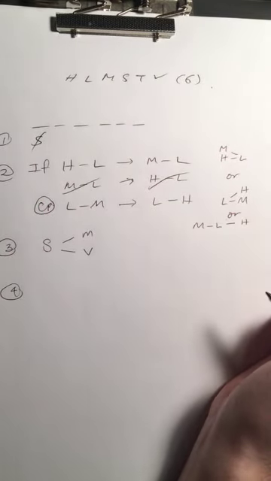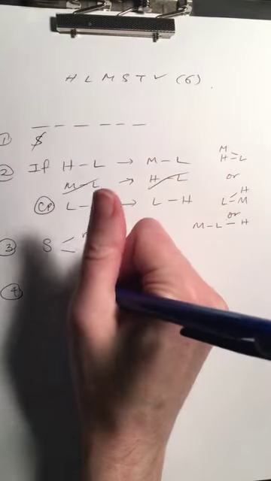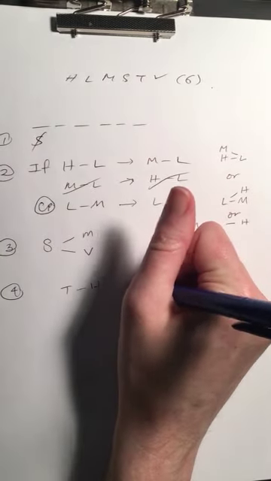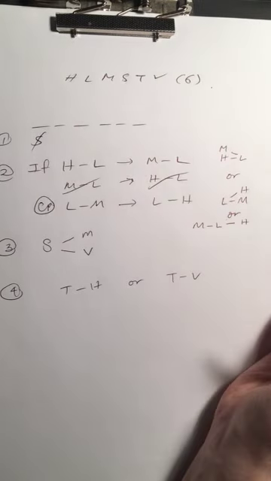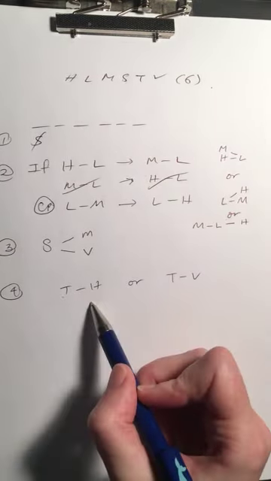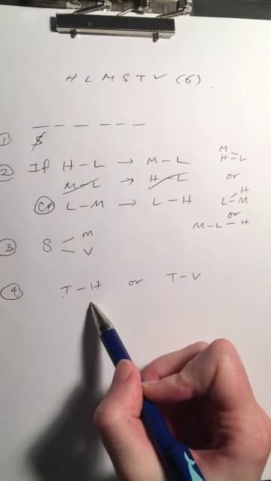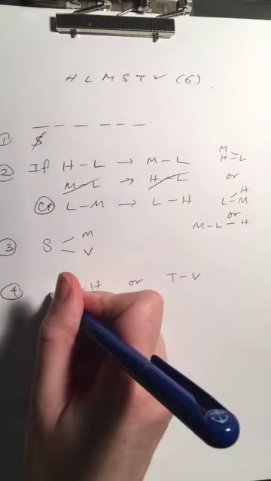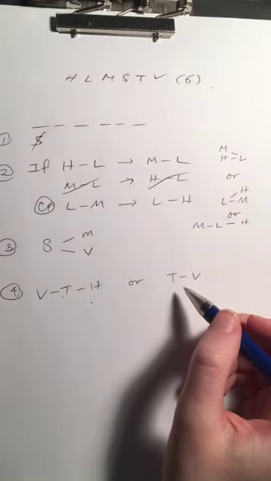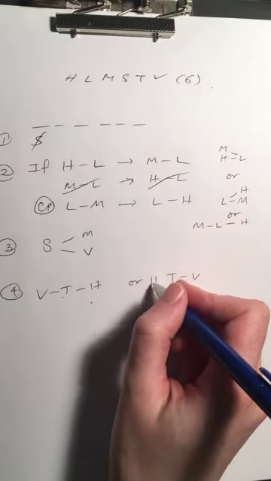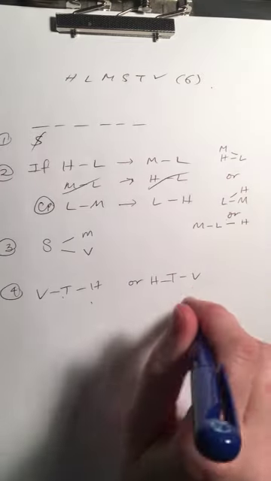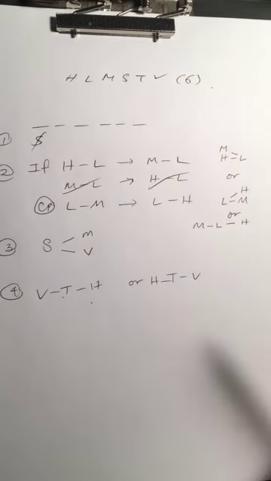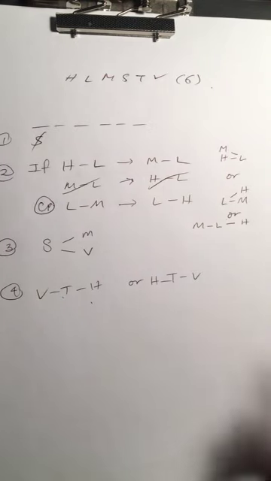The table is auctioned on an earlier date than the harmonica or on an earlier date than the vase, but not both. So we can't have V after T in this scenario, so V has to be before T. And we can't have H after T in this scenario, so H has to be before T. So those are our two options. So this is what we're used to seeing when it comes to our typical complex OR rules.